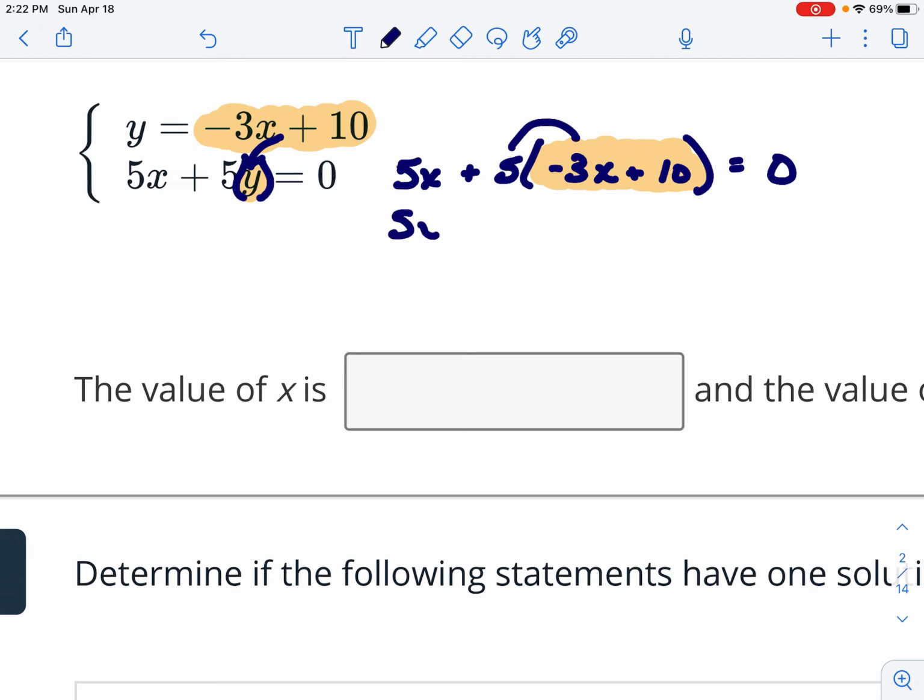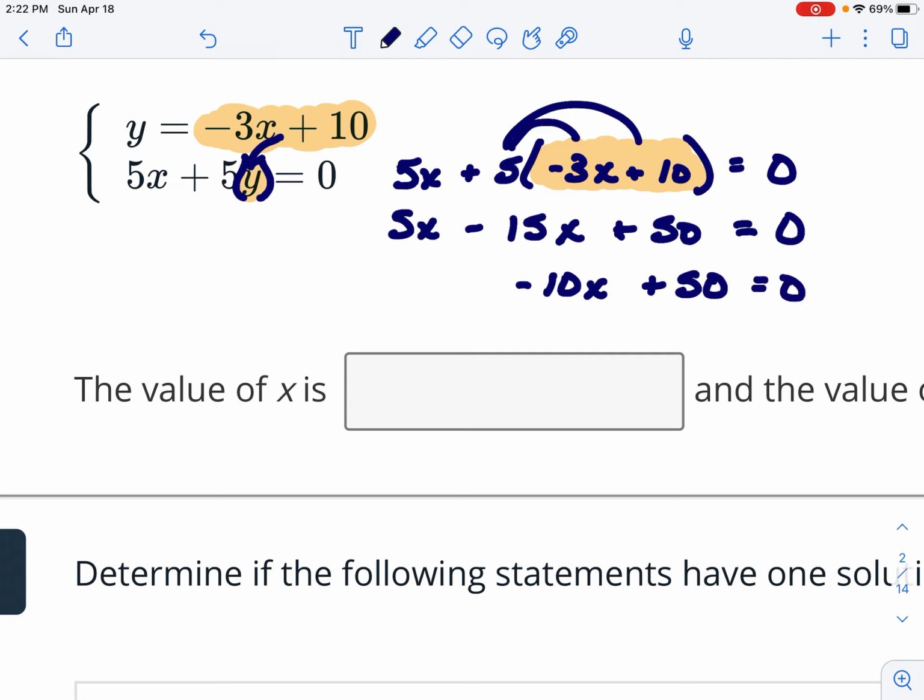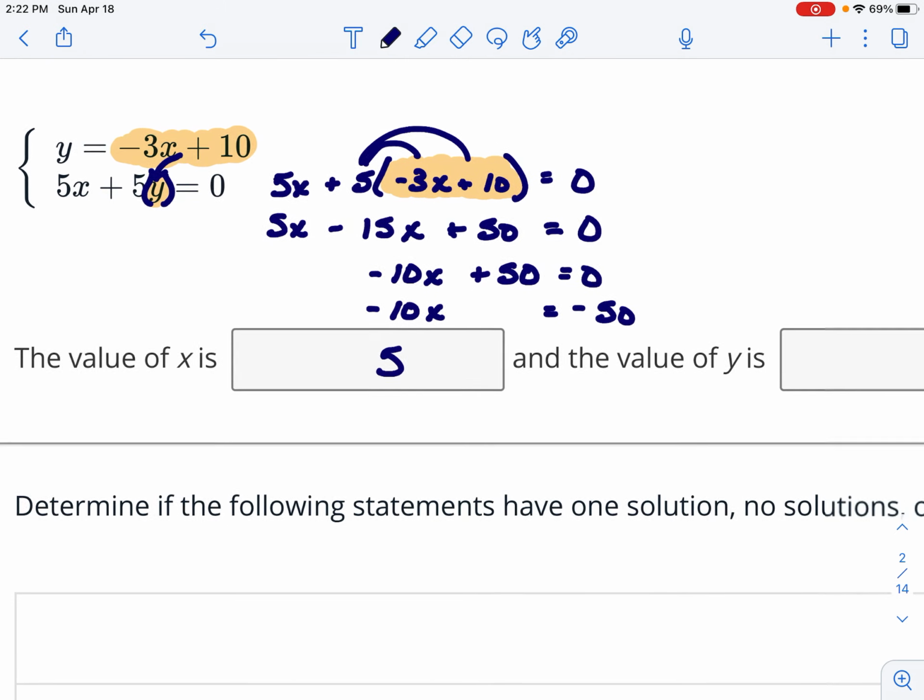So I will leave the 5x alone, but now I'll have negative 15x plus 50 equals 0. So then negative 10x, when I combine my like terms, I will use the subtraction property of equality to move that 50 to the other side, and then the division property of equality to find x is 5. I kind of ran out of space to show all my work.